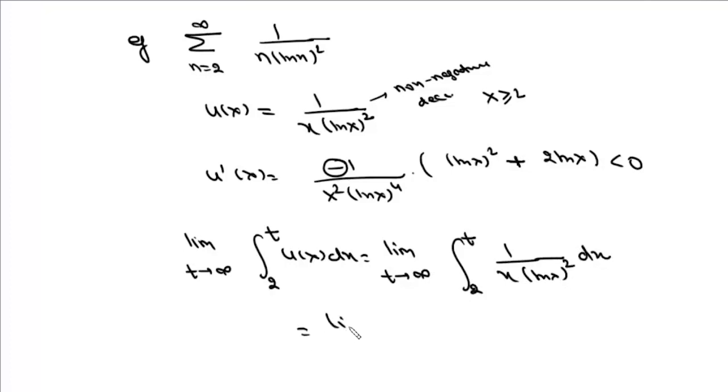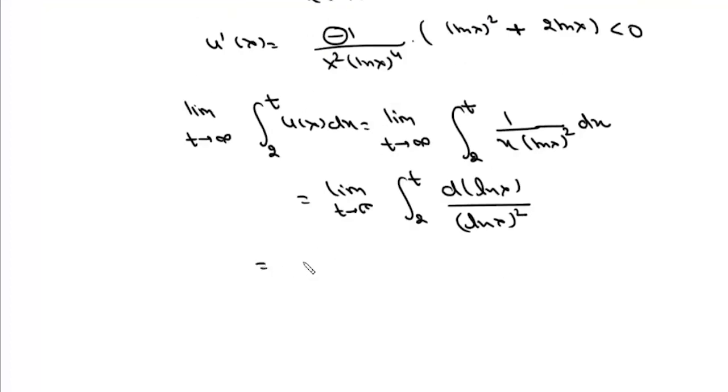Now we can write this as this limit t tends to infinite from 2 to t of d log x upon (log x) square, which is this limit t tends to infinite of minus 1 upon log x from 2 to t.